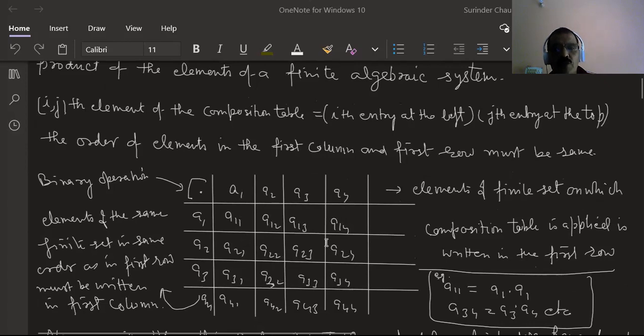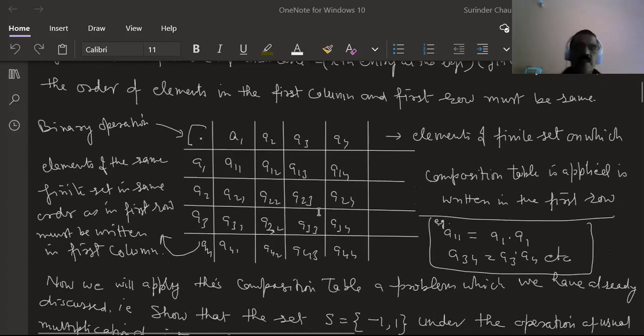After completion of the composition table, we will discuss whether the given algebraic system under the given binary composition forms a group or an abelian group. We'll discuss from this composition table.